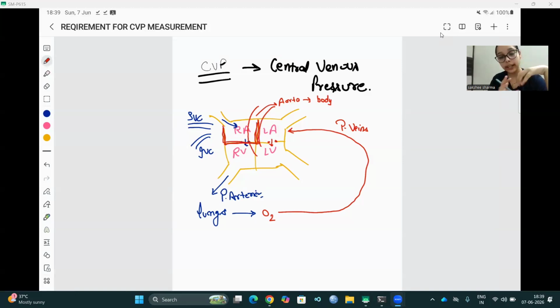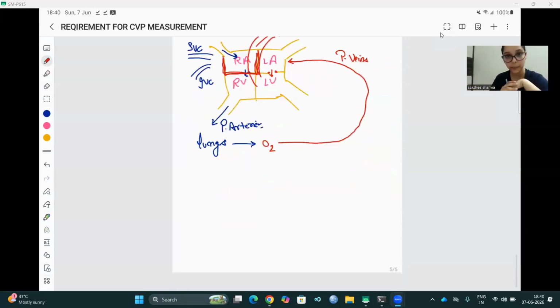We have already seen that the superior vena cava and inferior vena cava collectively draw all the blood into the right atrium. So the pressure of that amount of blood exerted on the walls of the right atrium is known as central venous pressure. I hope you are able to understand this much.